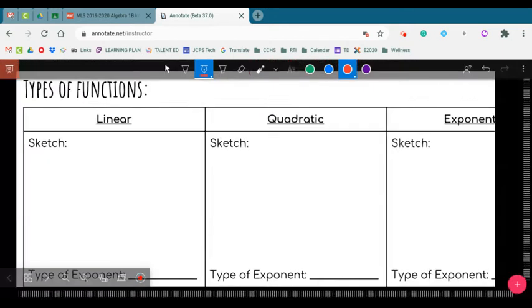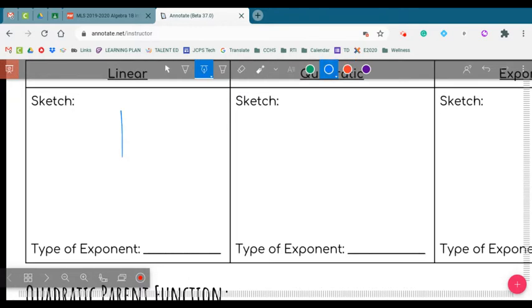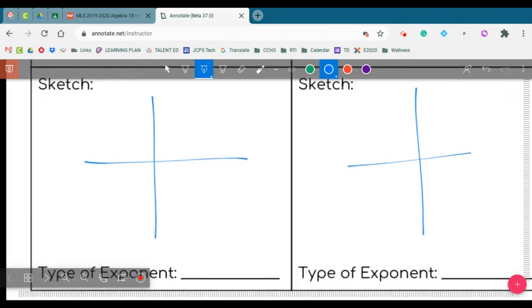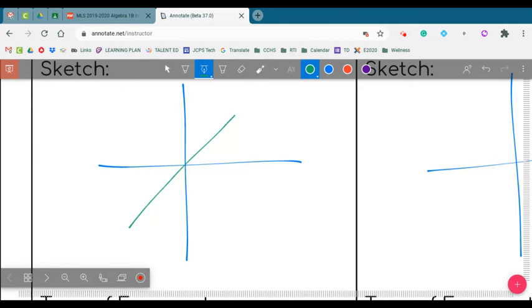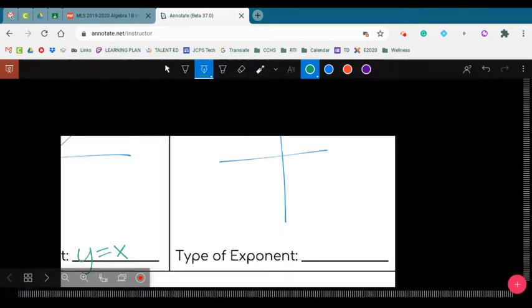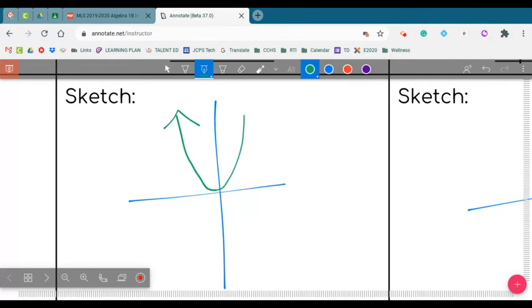So let's review our linear, quadratic, and exponential. I'm going to start by drawing my graph. Our linear, if you remember, is a straight line. Our exponent is 1, our parent function is y equals x. Our quadratic is our U shape with the vertex going through the origin.